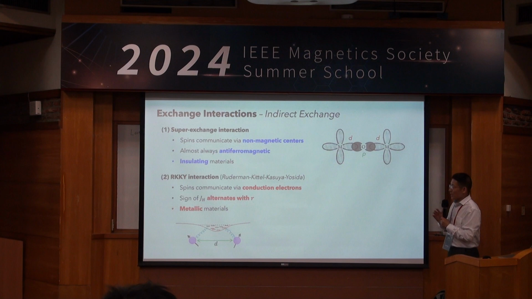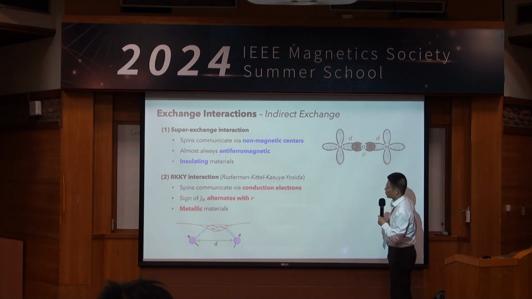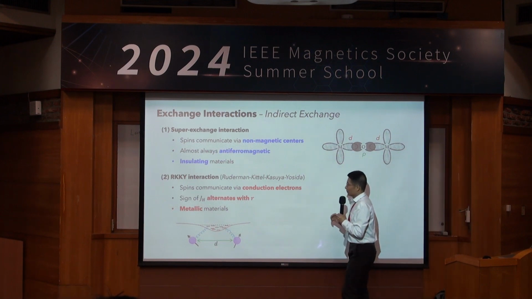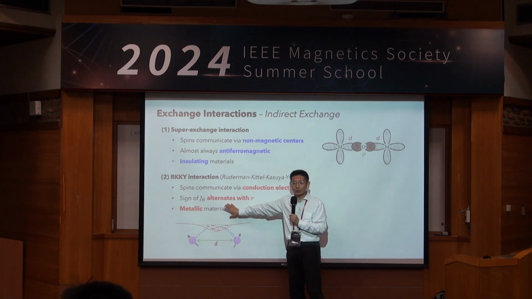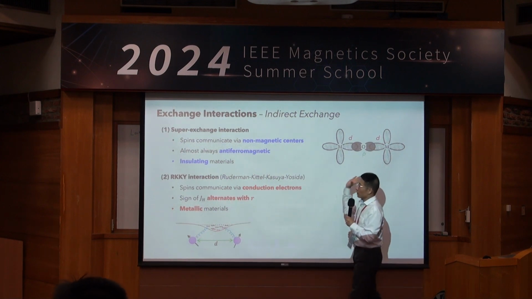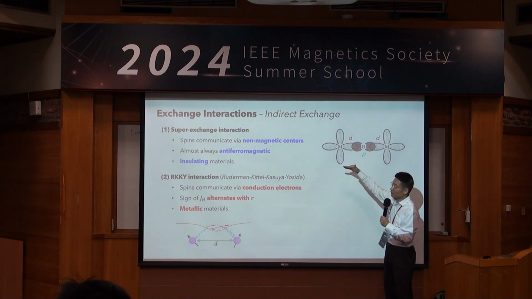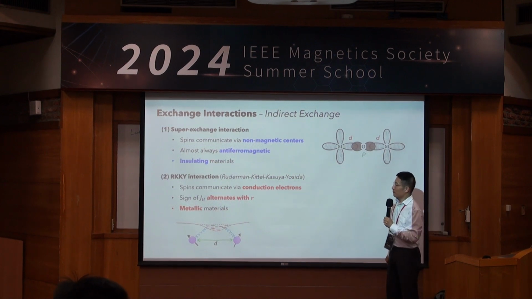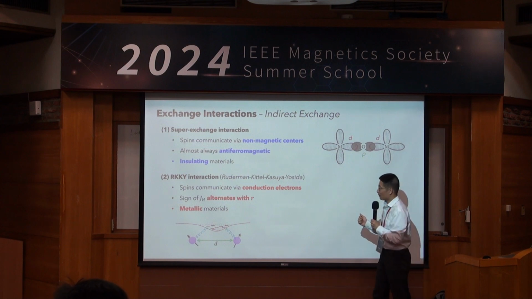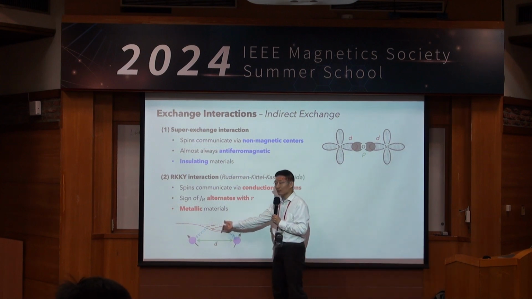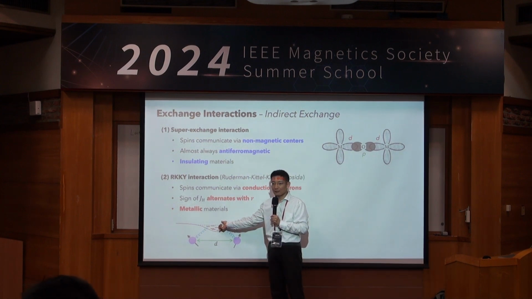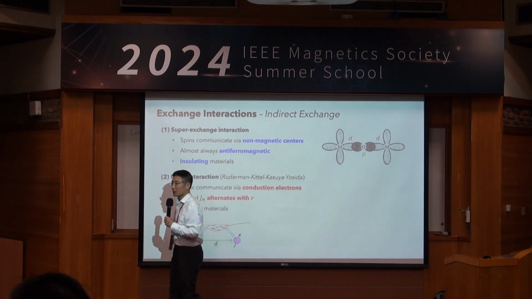Well, the type 2 indirect exchange typically takes place in metals. Well, it is still an indirect exchange, but it fundamentally differs from a super exchange because the mediators come from the conduction electrons. So the entire conduction band serves as the mediator.